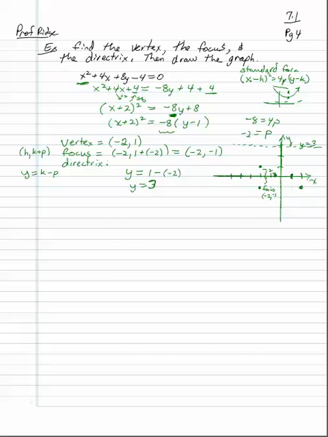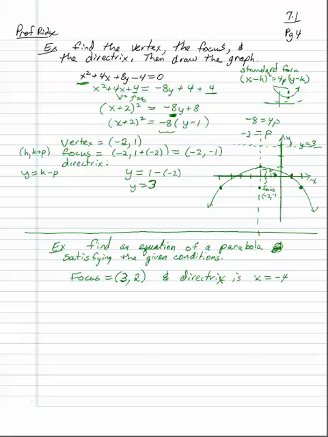Go 4 units each way from the focus. 1, 2, 3, 4. And that gets you those points, and I think that should be enough to graph it on my MyMathLab. All right, so there you go. And then of course the symmetry goes down the middle like that.